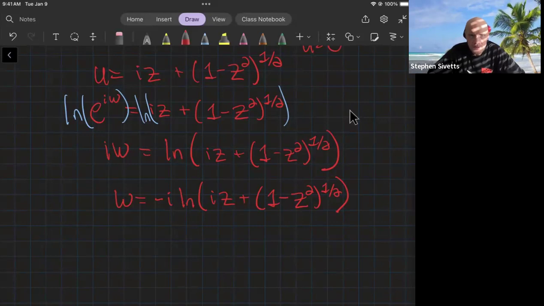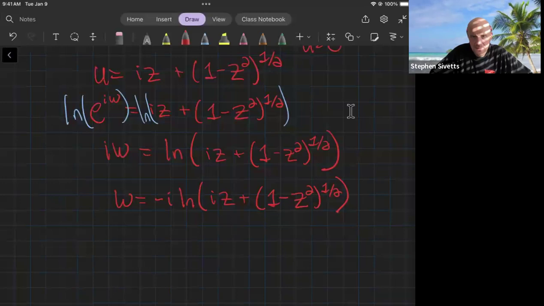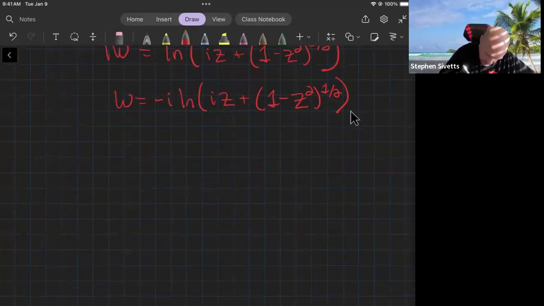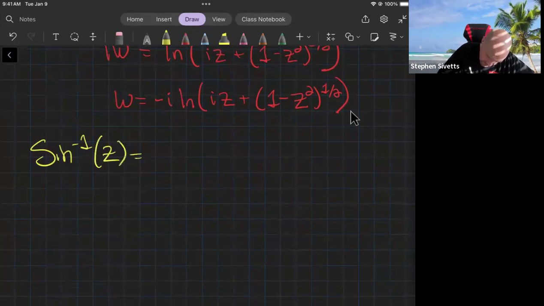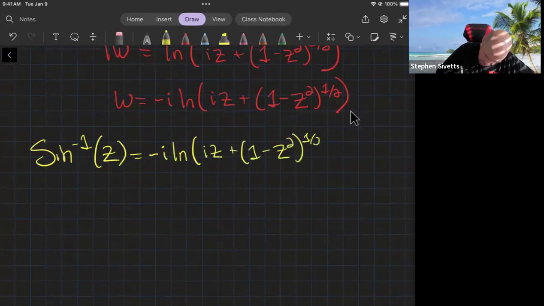So here are also the inverse functions for cosine of z and tangent of z. You can do this same thing. So inverse sine of z is minus i times the natural log of iz plus 1 minus z squared to the 1/2 power.